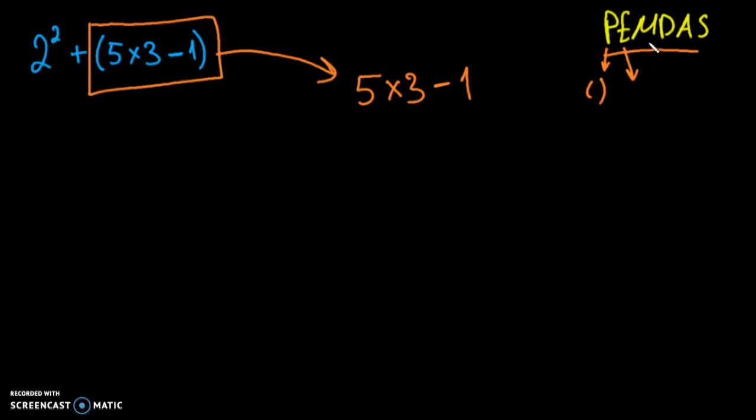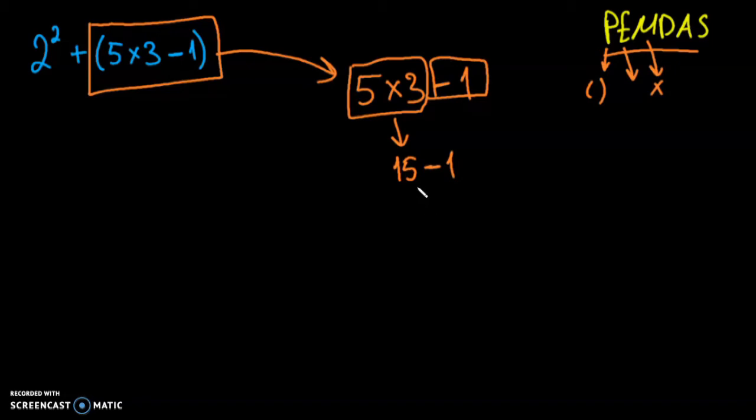We go on. M, which is for multiplication. Do we have multiplication here? Yes. So we do that first. 5 times 3 is 15. And then we have this minus 1. Now we have 15 minus 1. Of course, it's 14.